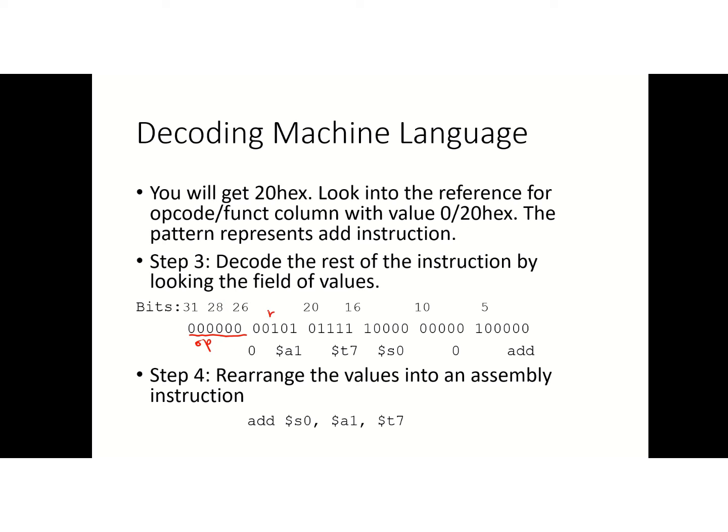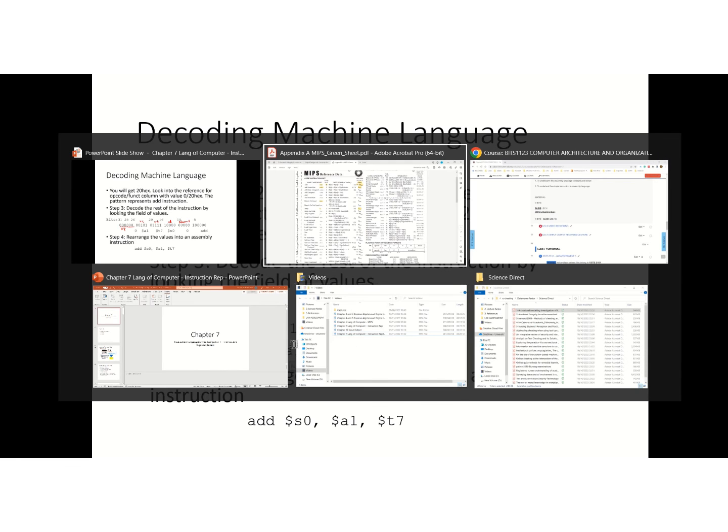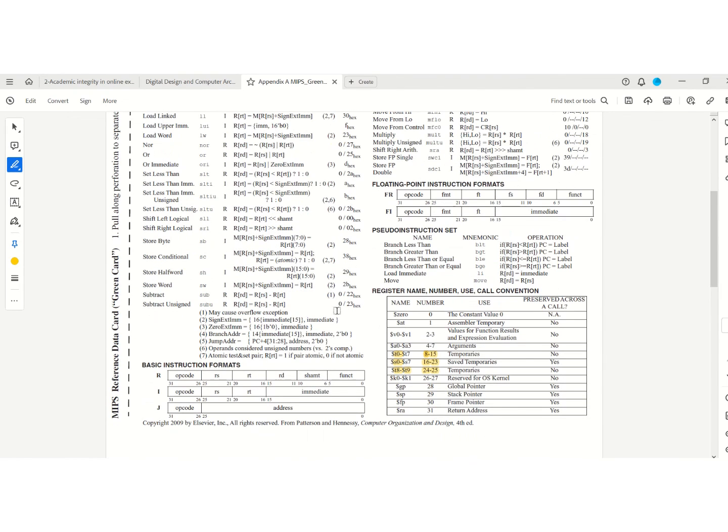So this will become RS, RT, RD, shift amount, and then function. Then convert it. Now you have the value 101, which is 5. So what is 5? Look at the number on the register. 4 until 7 means that $a0 is 4, $a1 is 5.